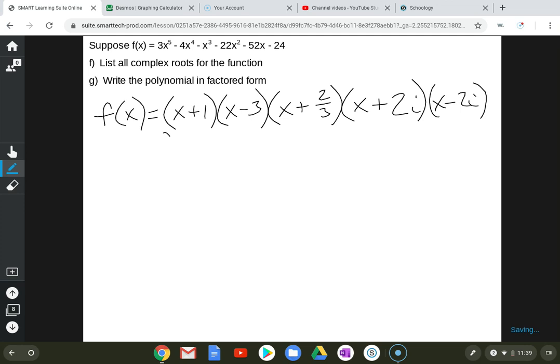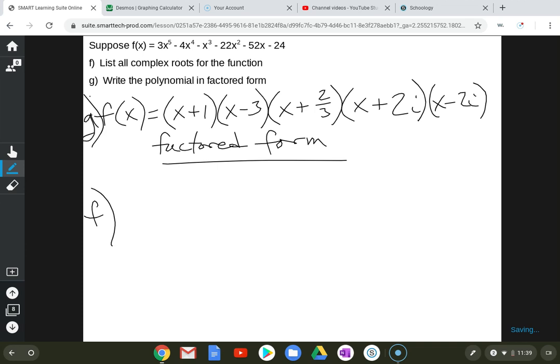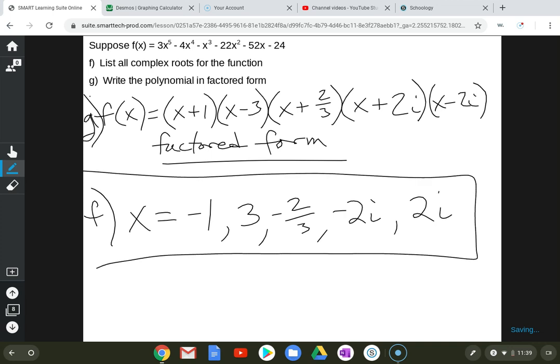So this is my new factored form. I'm kind of doing part G first. That's part G. So part F, when I list all the zeros, what do I get? My roots would be negative 1, 3, negative 2/3, negative 2i, and positive 2i. And that's what I get.